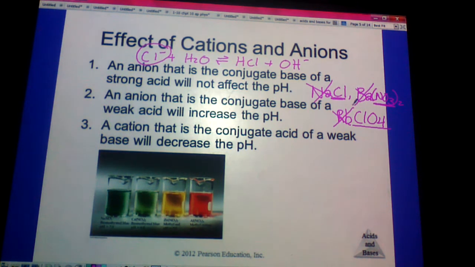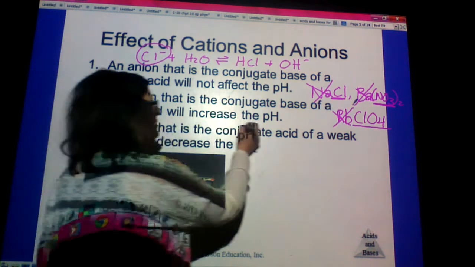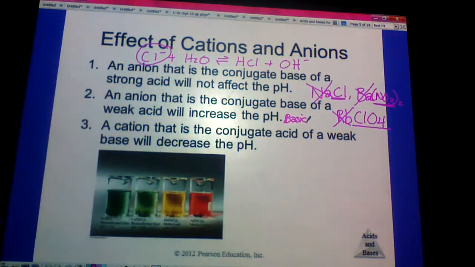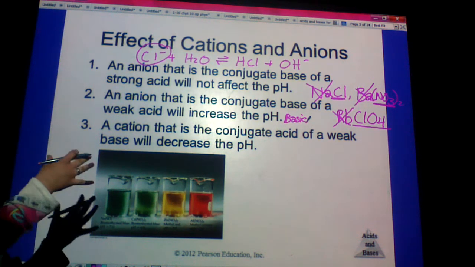Okay, number 2, let's look at number 2. It says an anion that is the conjugate base of a weak acid will increase the pH. So the conjugate base of a weak acid will increase pH, meaning that it's going to make it more basic. So this would be basic. Okay, so let's look at an example of that. That would be like if I have an anion, any conjugate base of a weak acid.